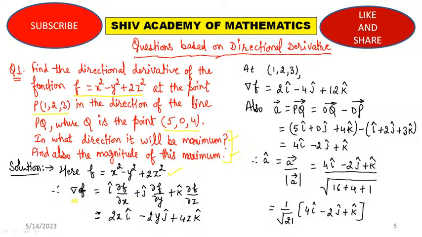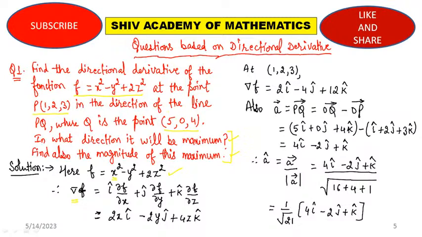We put the value of f here. Del f by del x is 2x, del f by del y is minus 2y, and del f by del z is 4z. So del f is 2x i cap minus 2y j cap plus 4z k cap.